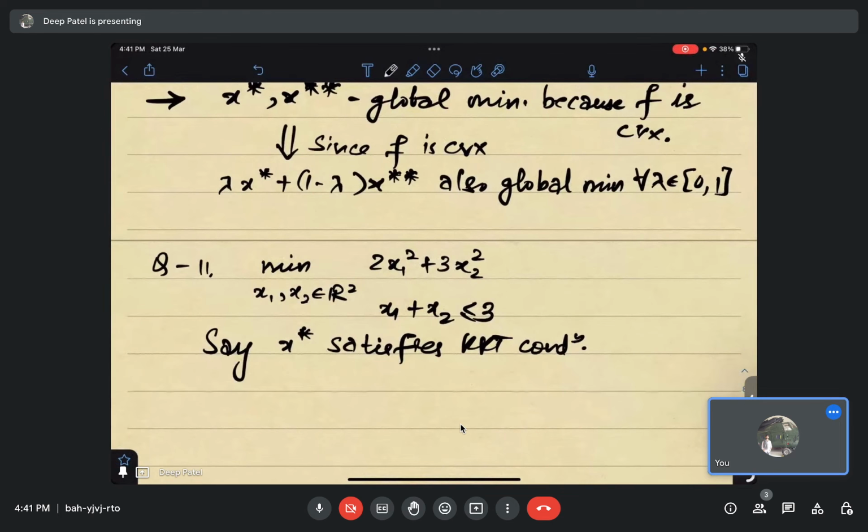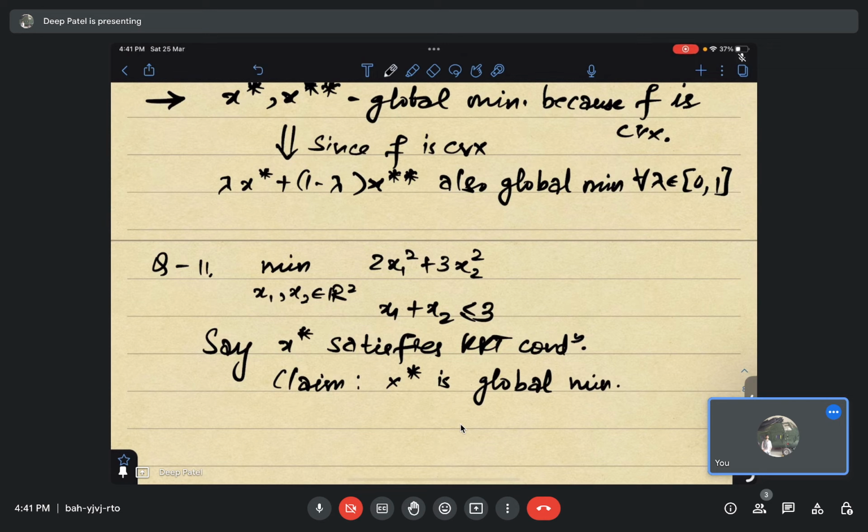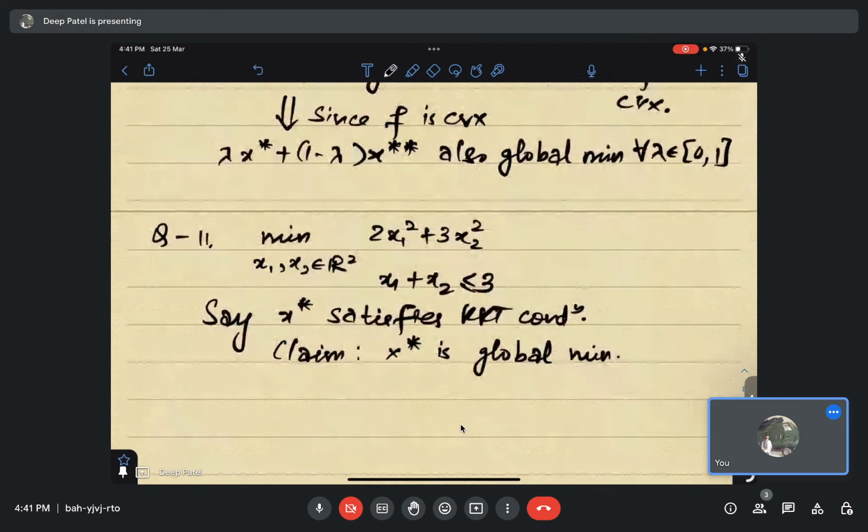The claim is that X star is a global minimum. So is it true or false?